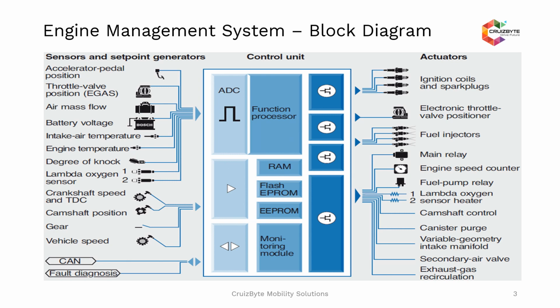These are helpful in garage diagnostics to identify faults in particular components, both on the sensor side as well as on the actuator side. So this is the block diagram of the engine ECU that we discussed.